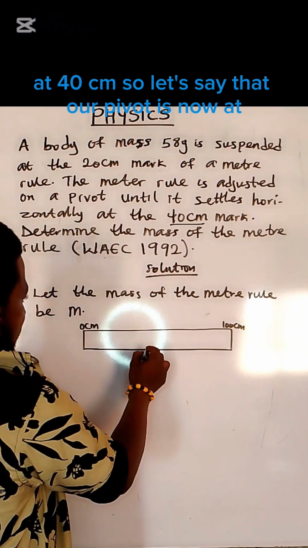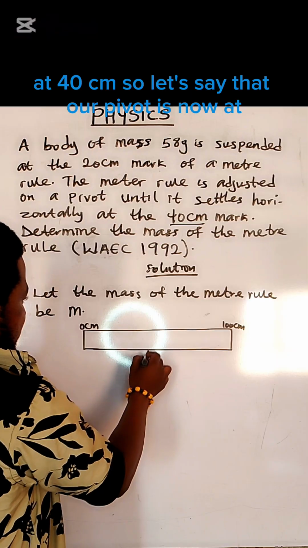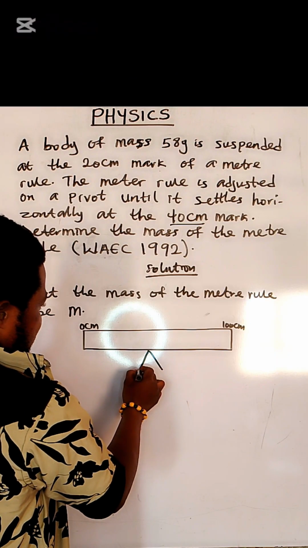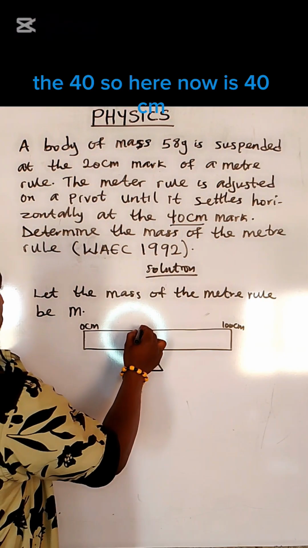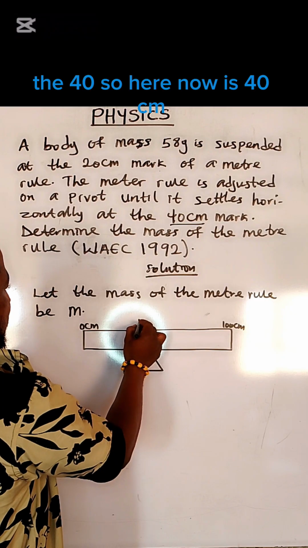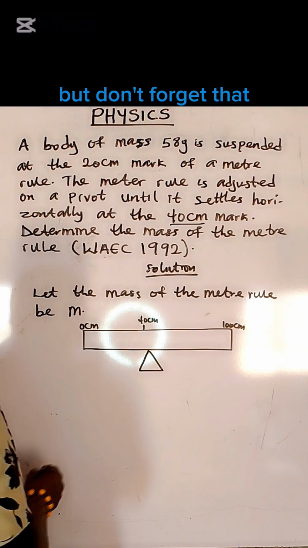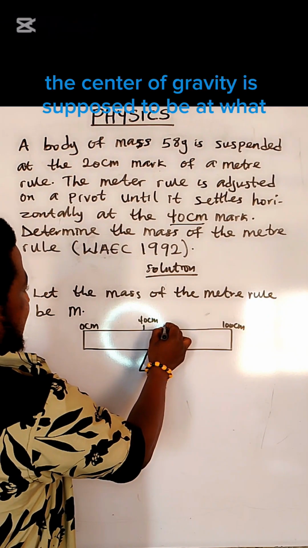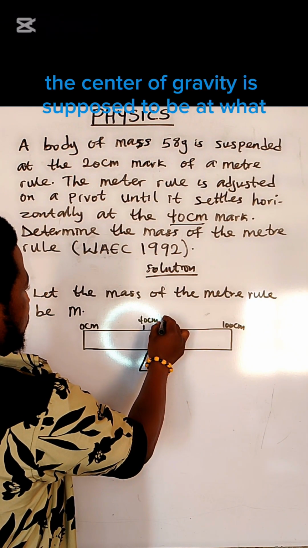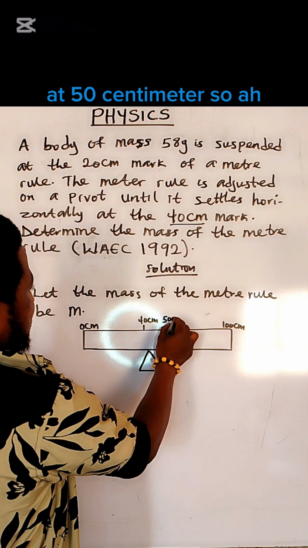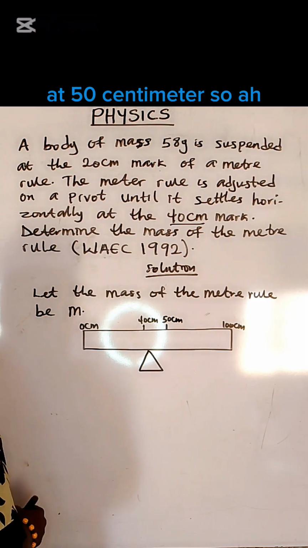So let's say that our pivot is now at the 40. But don't forget that the center of gravity is supposed to be at 50 centimeter.